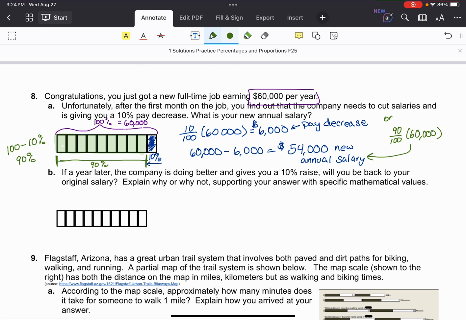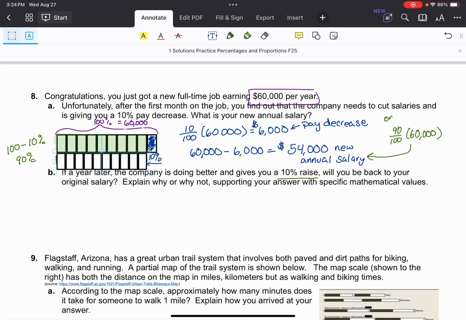All right, so we have that pay decrease. A year later, the company decides to give us a 10% raise. And so the question is, am I back to $60,000 a year? Why or why not? What you'll notice I've already done here is create a little grid, but this grid is smaller than the original one. In fact, it lines up with that 90% amount because we're not starting at the same 100%.